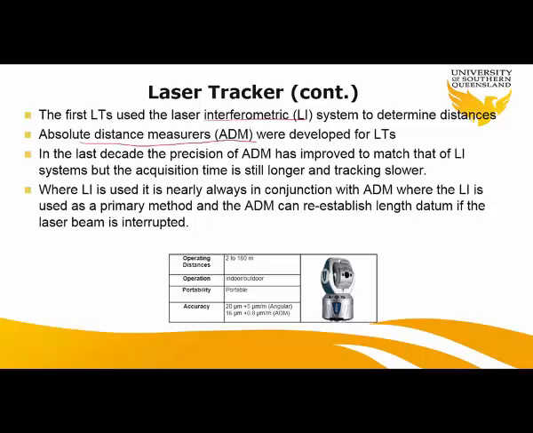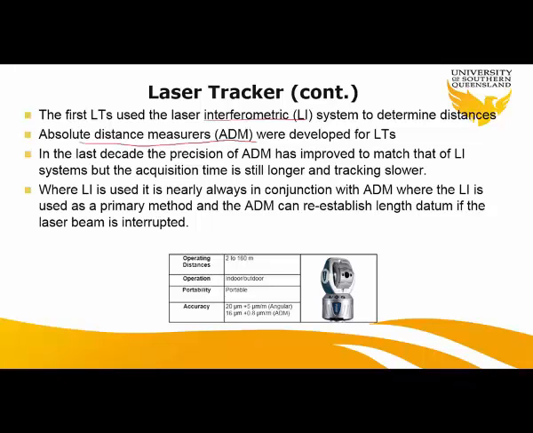As I said, for laser interferometric, we need to have the initial distance or D0. Good. So we have a datum to start off, and then we can get the relative change in respect to that datum.